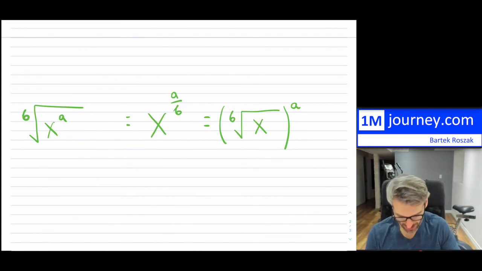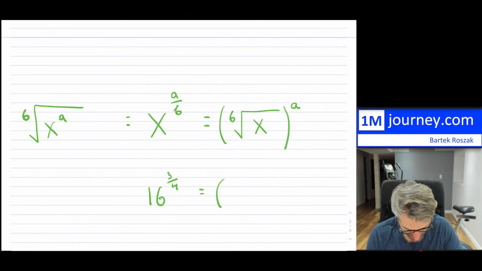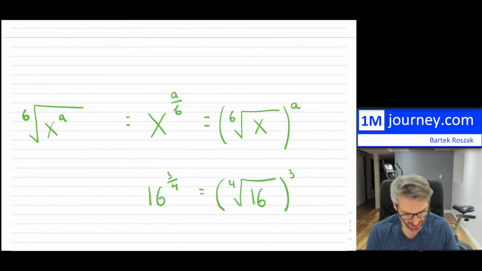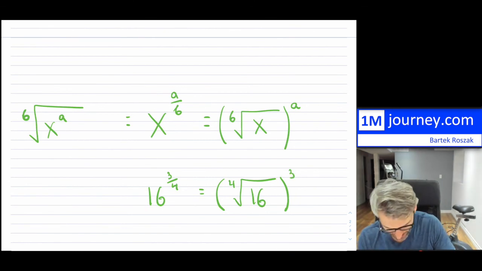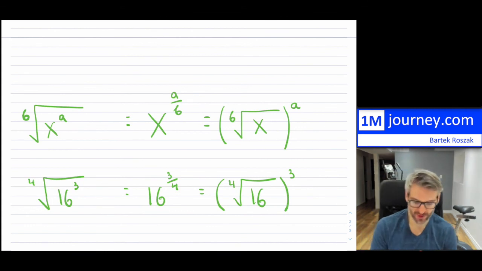All right, so again, if it was some number, let's say 16 to the 3/4, then you can write it as either the 4th root of 16 raised to the power of 3, or you can say this is the 4th root of 16 to the 3.